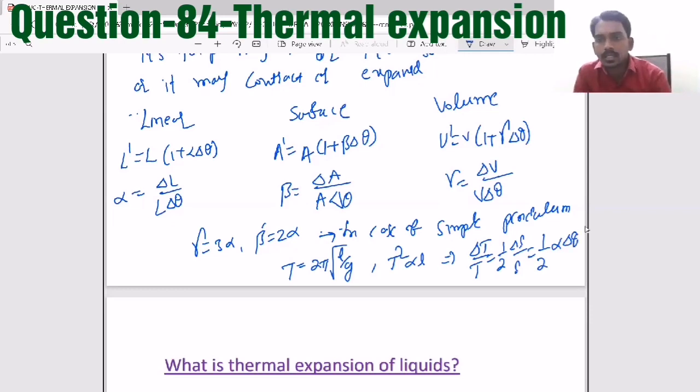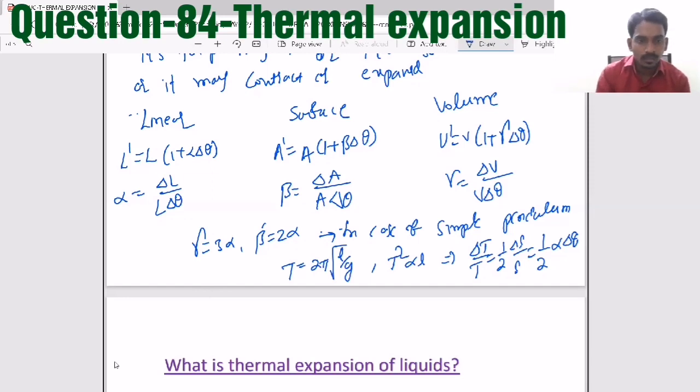So as length increases, time period increases. If temperature decreases, length decreases, then time period decreases. As temperature increases, time period increases, so the clock will run slowly. As temperature decreases, length decreases, so time period decreases, then the clock will run faster.